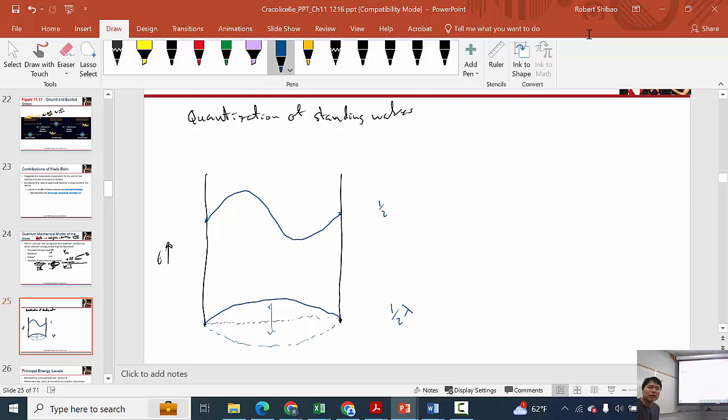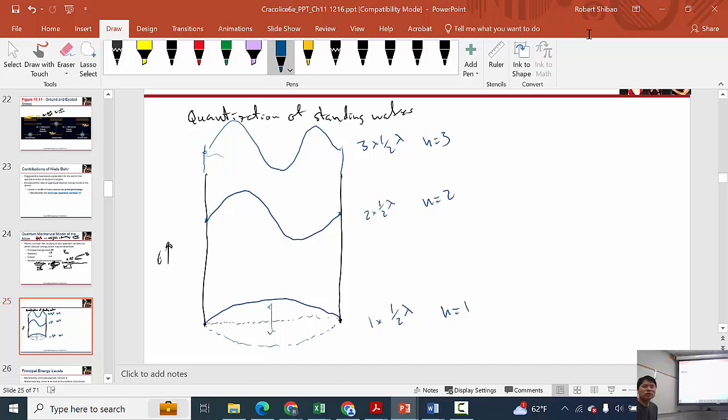And so we'll call that 2 times 1/2 lambda. This is 1 times 1/2 lambda. And then what's the next allowed energy? Do you know what it is? 3 half wavelengths. So we'll call it 3 times 1/2 lambda. And so this is n equals 1, this is n equals 2, this is n equals 3.